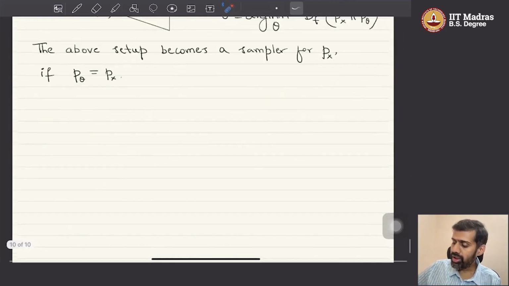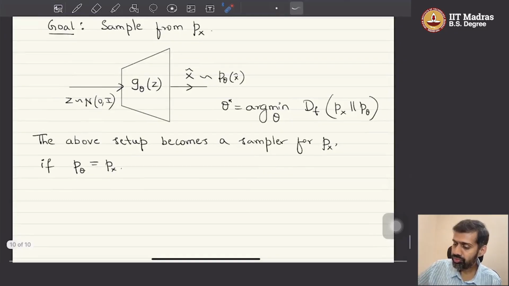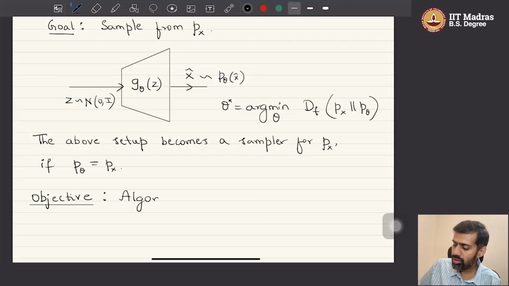Now the objective is to come up with an algorithm to minimize the f divergence between Px and p theta.